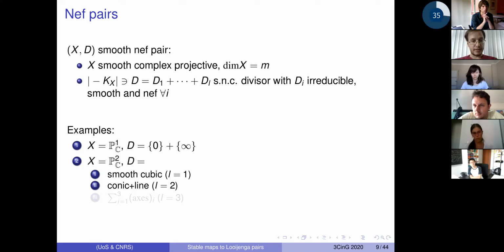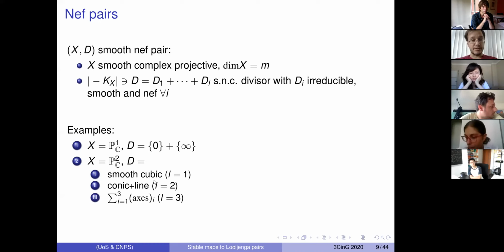You can take D to be given by the union of a conic and a line not tangent to it. In this case, L is equal to 2, and both components are rational curves. Or you can take L equal to 3, and in this case, D is just the toric boundary of P2, just the sum of the coordinate hyperplanes.